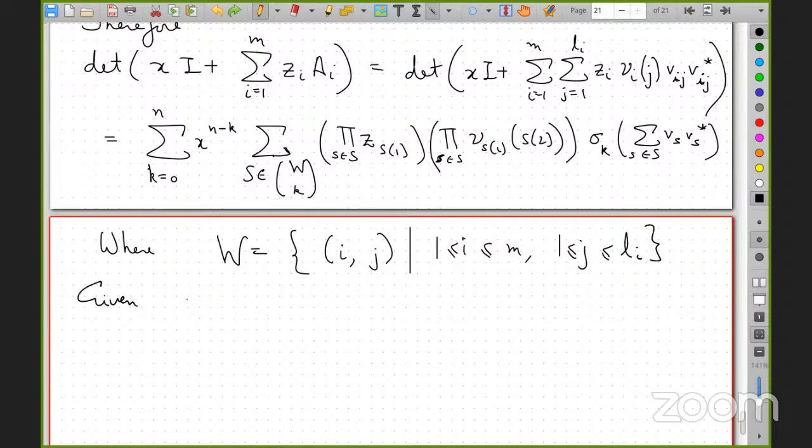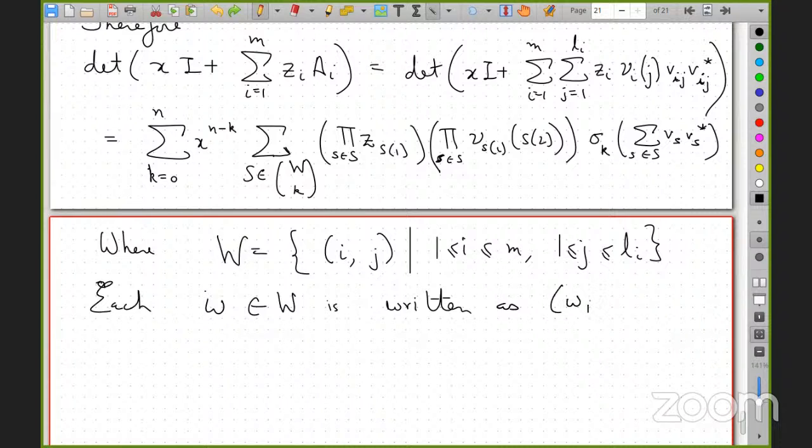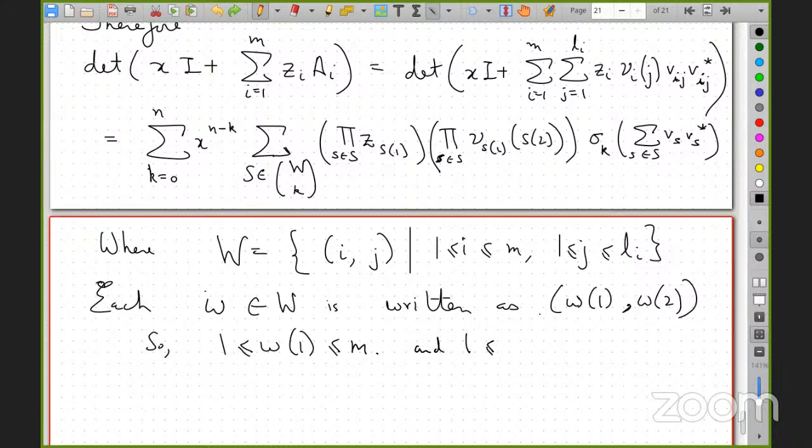Given W in W, each W in W is written as the pair W1, W2. So 1 is less than W1 is less than m, and 1 is less than W2 is less than l of W1 for every W.